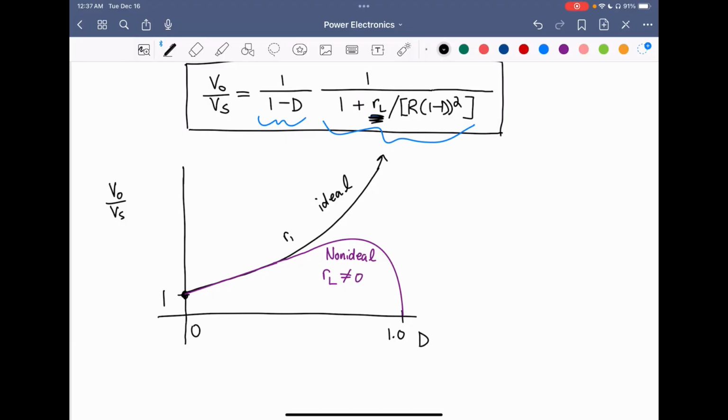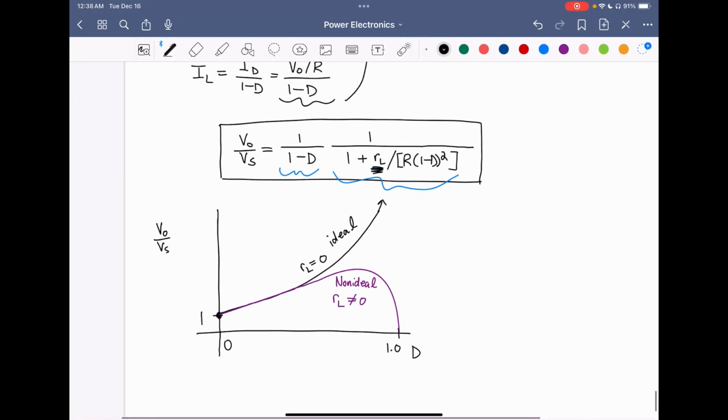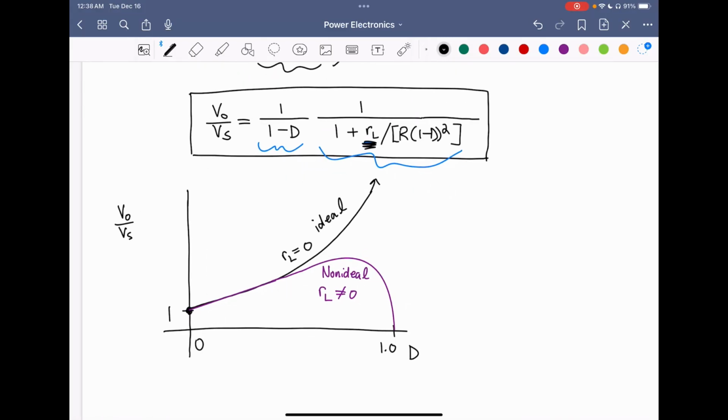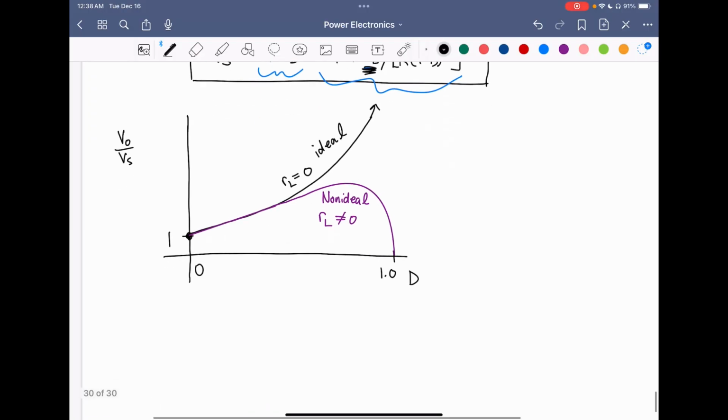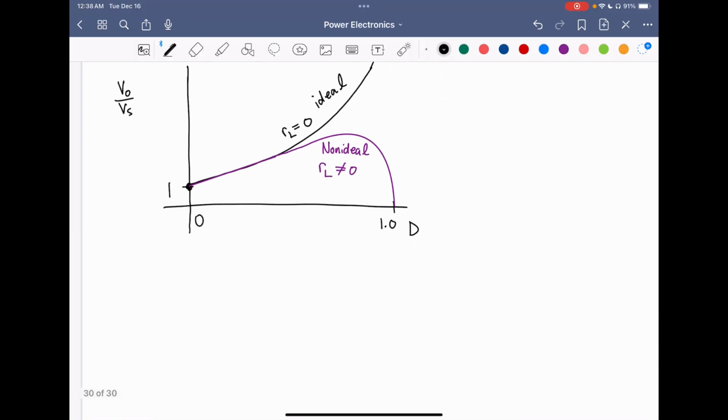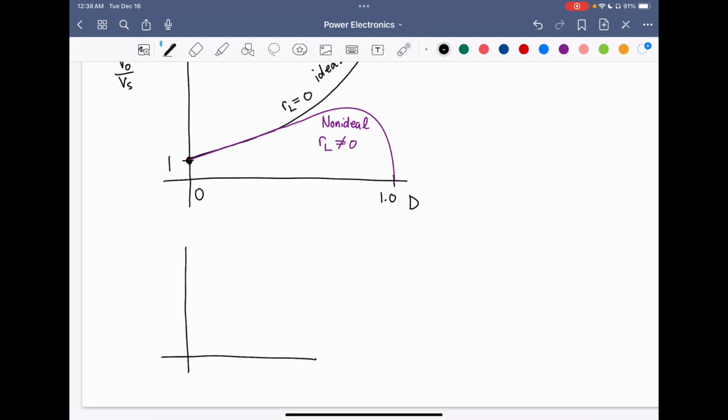So in the ideal case, we had the inductor series resistance equal to 0. And in this analysis, we also assumed other components are ideal. Actually, we will see that other parasitics in the circuit will also contribute to a less than ideal conversion ratio. And because of this loss in the series resistance, in the efficiency curve versus duty cycle for the ideal case, we had 100% efficiency across the duty cycles.